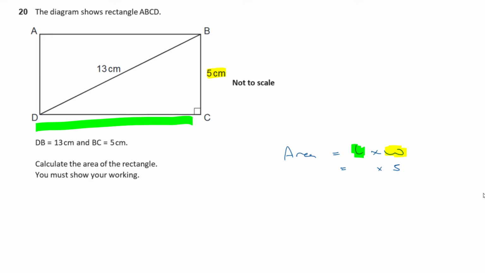Now in order to work out what L is, we can use the fact that CD is part of this right angle triangle here, isn't it? It's part of this triangle here. So this is a right angle triangle, and we know the hypotenuse is 13, and we know one side of the right angle triangle. So we can use Pythagoras theorem, can't we, to find the other side?